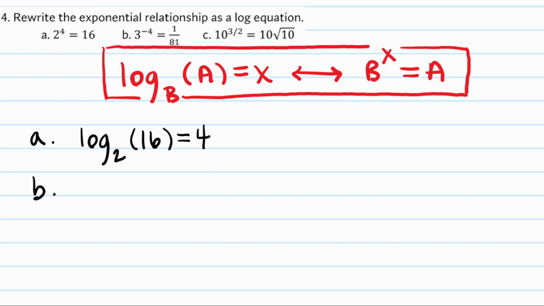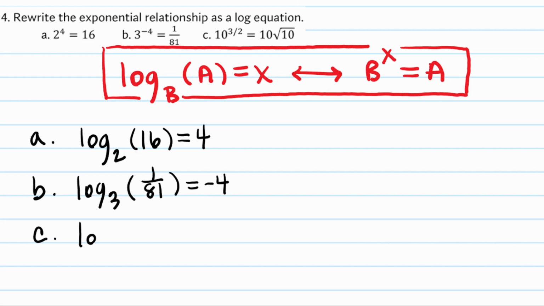For b, if 3 to the negative 4 equals 1 over 81, that means log base 3 of 1 over 81 is equal to negative 4, because I put the negative 4 exponent on 3 to get 1 over 81. Okay. And then c, 10 to the 3/2 equals 10 root 10. Let's put this down here. This won't take that much room.